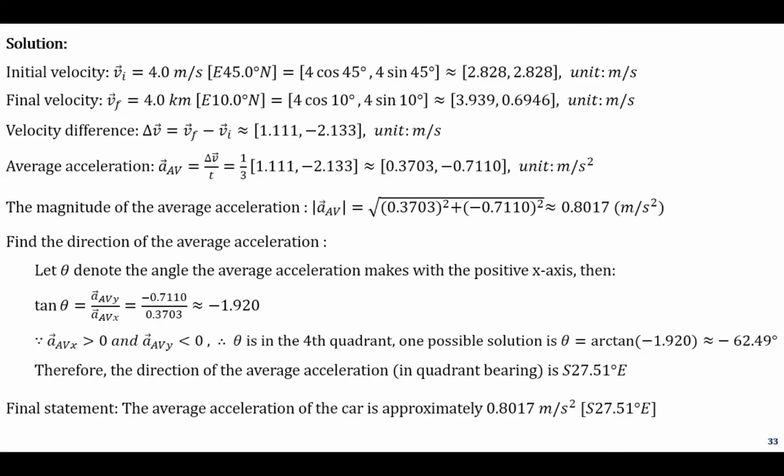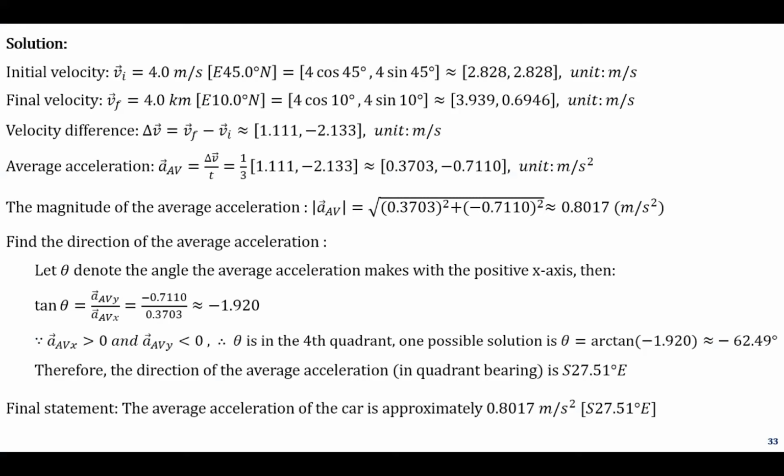And unit is meters per second. And then we can know the velocity difference delta V is given by VF minus VI. So we can use the Cartesian form of VF and VI. The difference in x direction is 1.111. Difference in y direction is negative 2.133. And unit is meters per second.